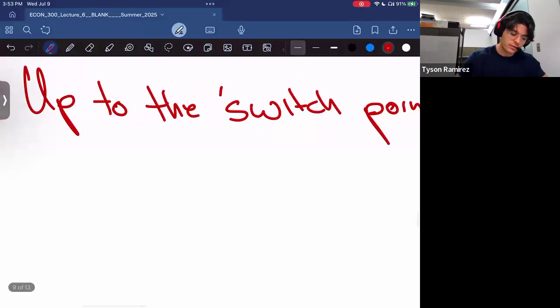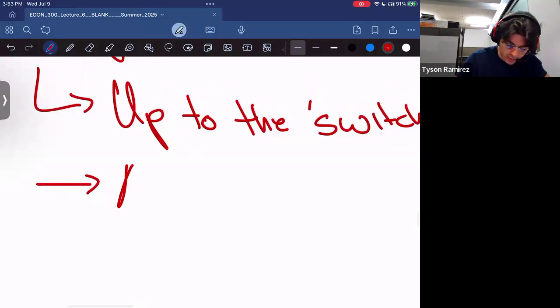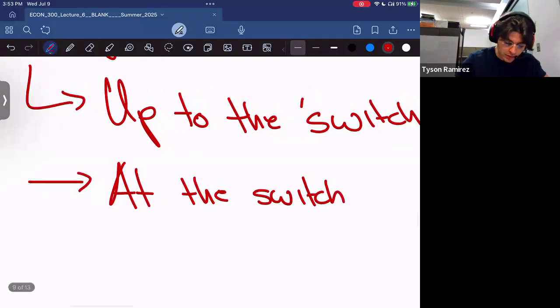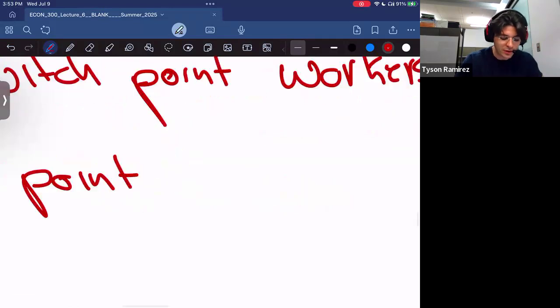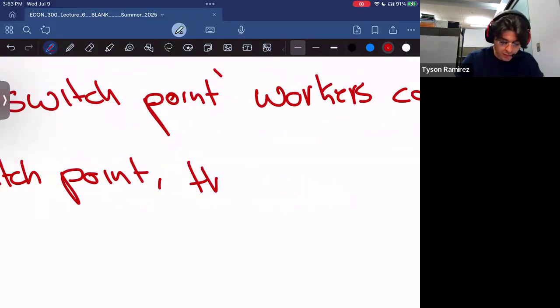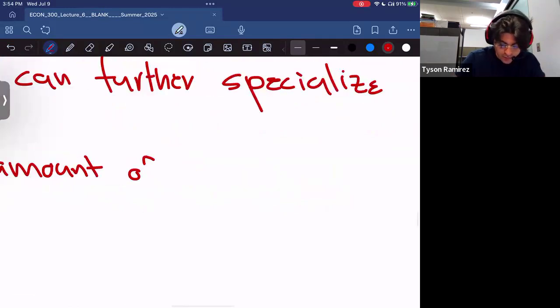At the switch point, some intuition is that the fixed amount of capital runs out.